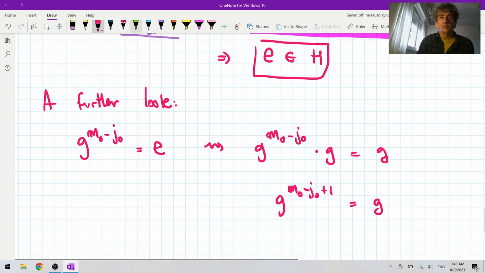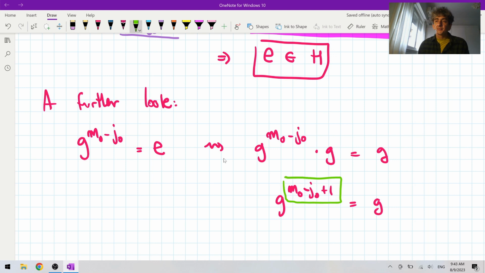So this natural number is such that when we raise G to this power, we get G to the power of 1.